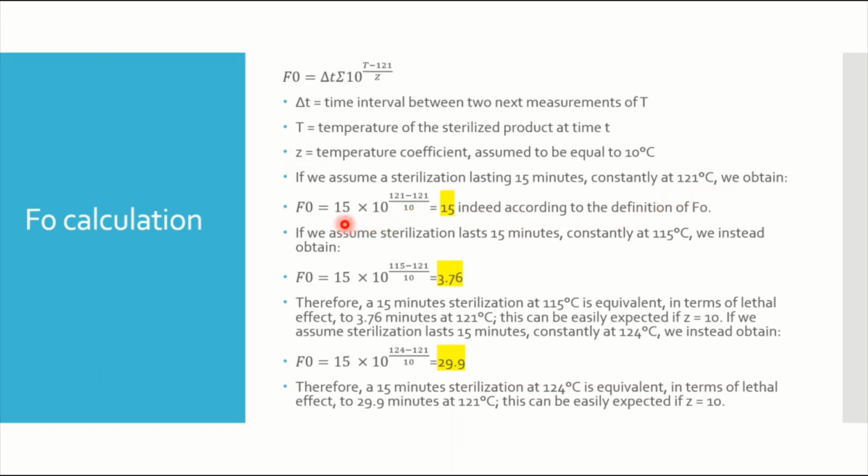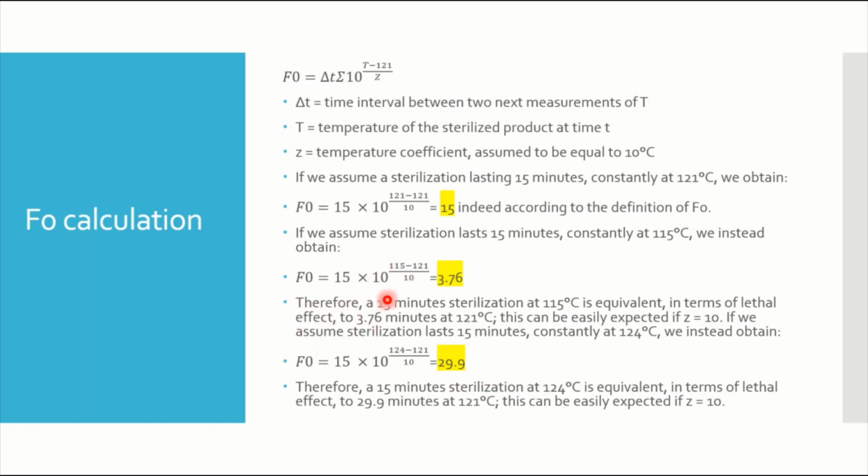Then after 15 minutes of sterilization hold time, the F0 will be 15 minutes. Let's assume this 121 degrees becomes 115 degrees. Then the F0 will be 3.76 after 15 minutes. So it's reduced because the temperature is low.